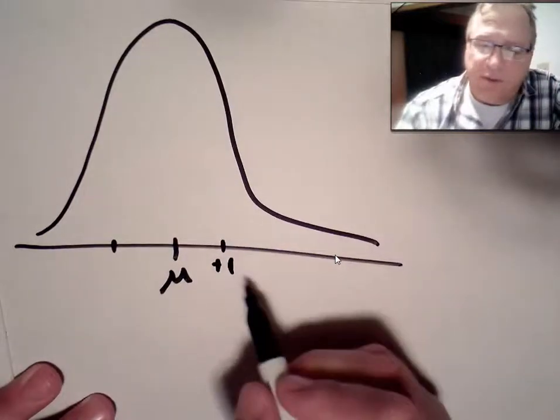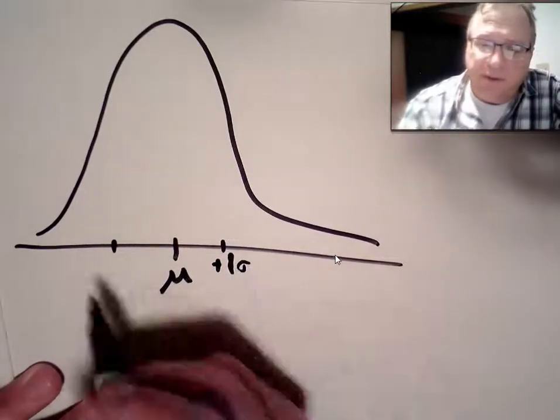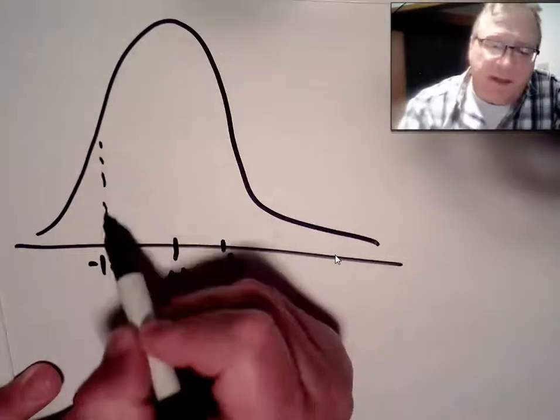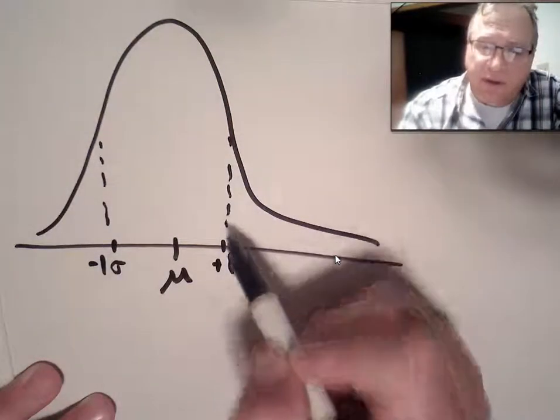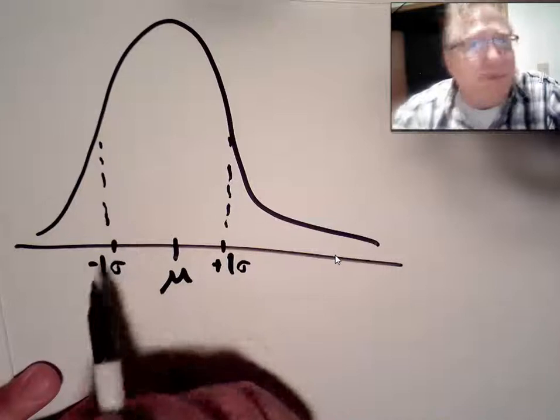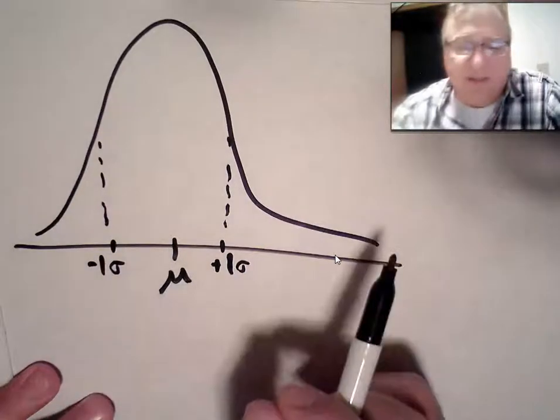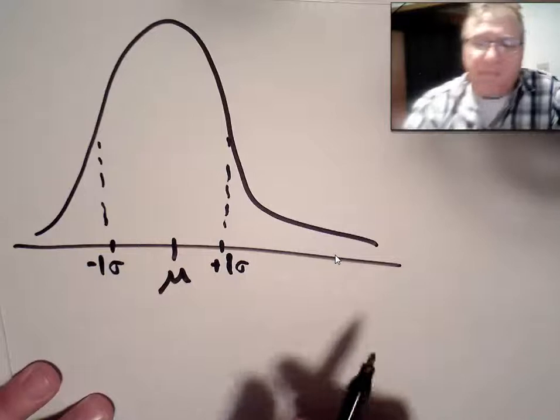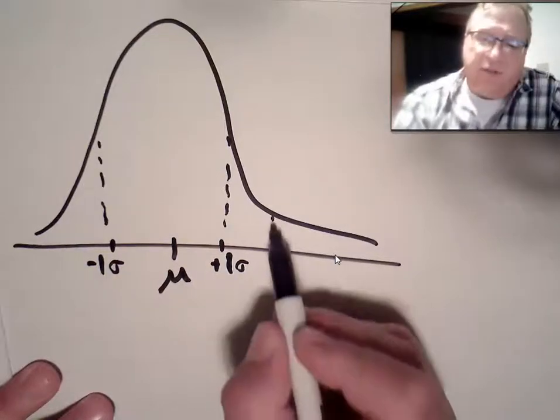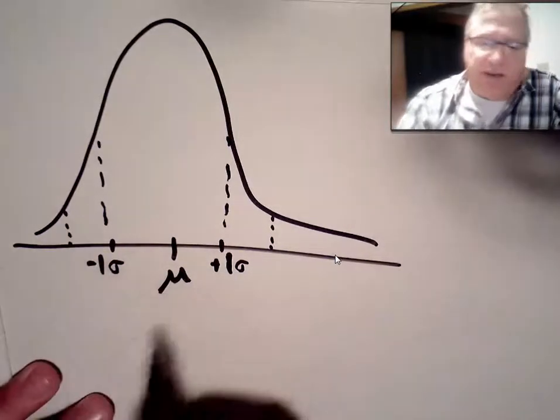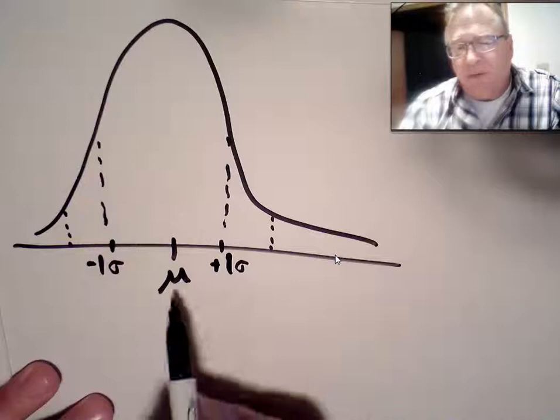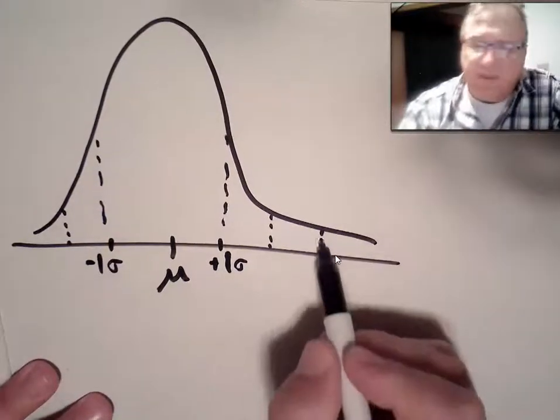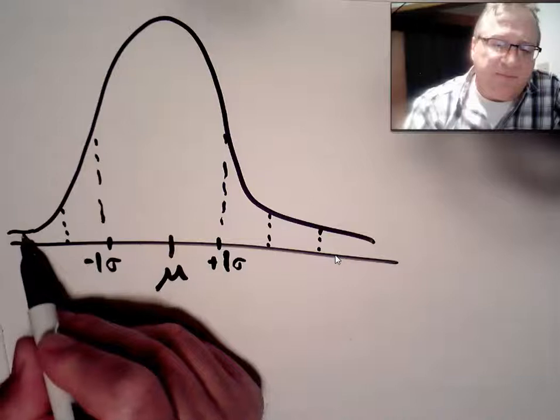I should use plus 1 sigma and minus 1 sigma. And of course, we all recall that the area under the curve between plus and minus 1 standard deviation is equal to, what is it, 68.3%, I believe. And of course, there's another one that was very important out at plus or minus 2 standard deviations and plus or minus 3 standard deviations.